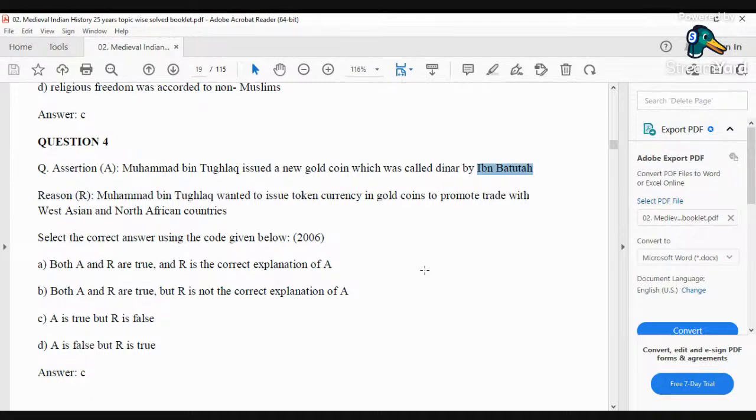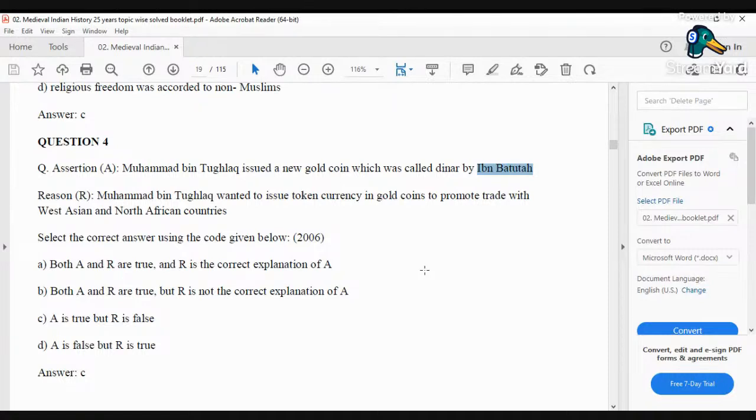If you know the meaning of token currency, that's the rationale behind using it. Token currency means when the intrinsic value of money is lesser than the face value of money. What is the face value of money? It is the amount written on a coin or a currency note.